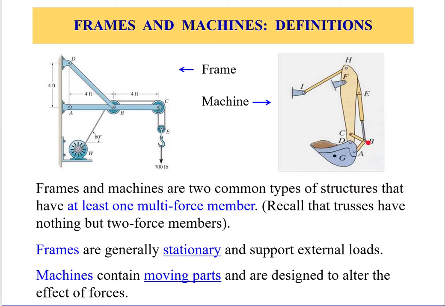Member CB is under compression or tension. Member BF is, or BE, compression or tension, as well as BE. But the member H and D is not. So that one must not be assumed to have forces of known direction.